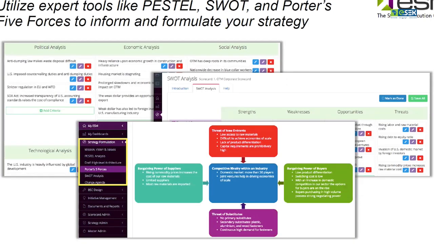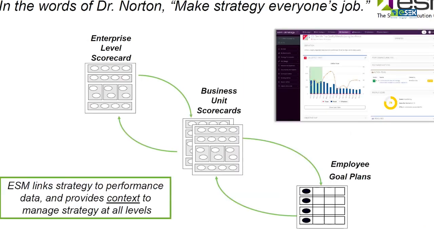So continuing with the platform overview, I talked earlier about PESTEL analysis, SWOT, Porter's five forces. These are all done directly in the system. We bring these strategy formulation exercises to life.